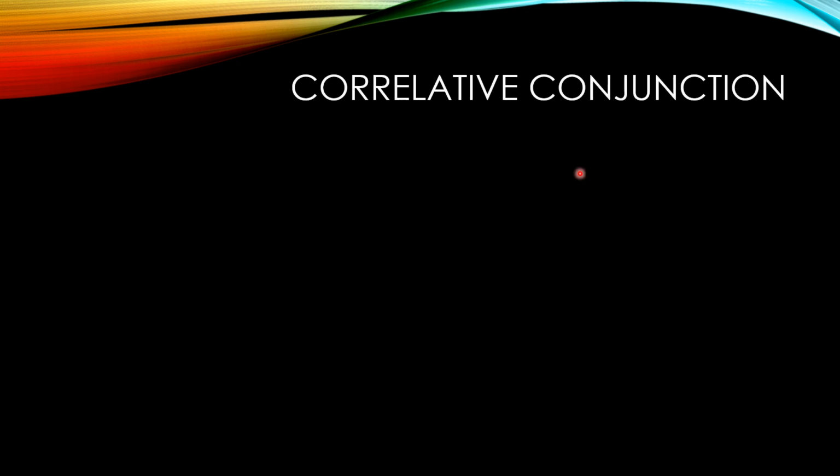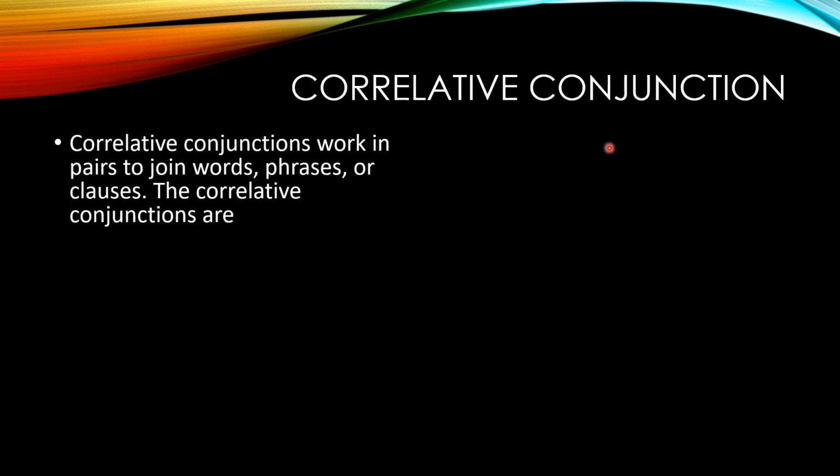Now let's talk about the next conjunction, which is correlative conjunction. Now what is correlative conjunction? Correlative conjunctions work in pairs to join words, phrases, or clauses. So the correlative conjunctions are like either and or. As I said, they work in pairs.